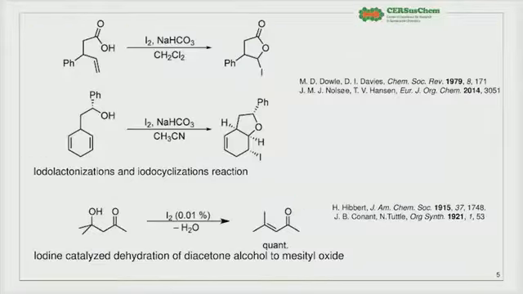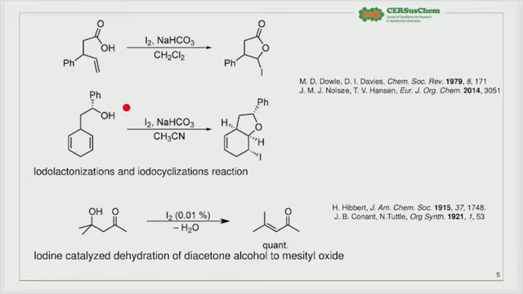That's just a very historic background. Iodine is known in the literature for iodolactonization, where we can take a substrate with a double bond and an acid moiety, which can form a lactone with an iodine linkage.